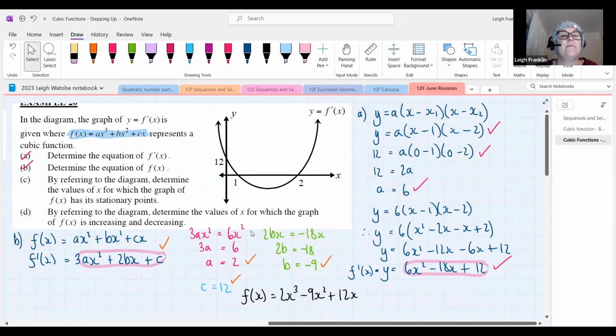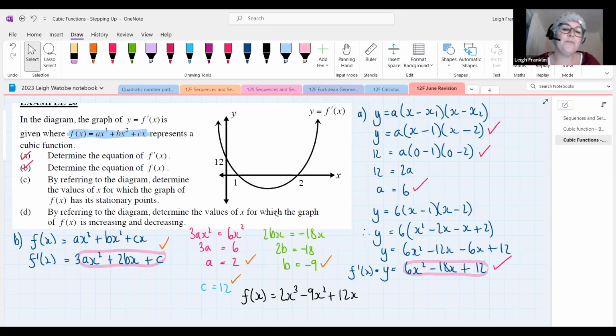Okay, ma'am, I wanted to ask, could you just work backwards from the derivative? Like if you divide by 2, you still get 3x squared and 9x. Yes, you've got to work backwards, but you've got to take the first term of the first derivative where you have derived f of x, and make it equal to the first term from part A, which is 6x squared.